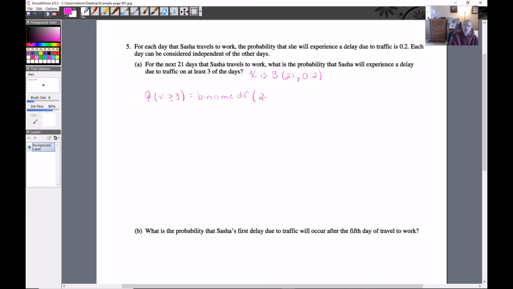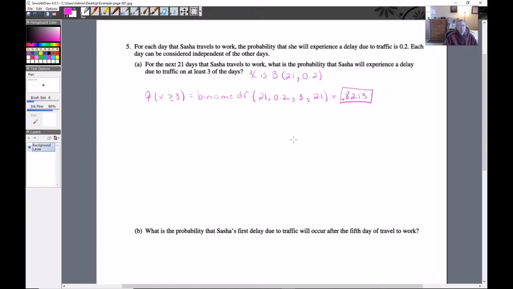And so n is 21, p is 0.2. And the lower boundary is 3, and the upper boundary is 21. Pop that out of the calculator, and you get 0.8213, which, by the way, is correct. So box it up there so that the reader can see it and see all of our work. Let's count that as done, okay?